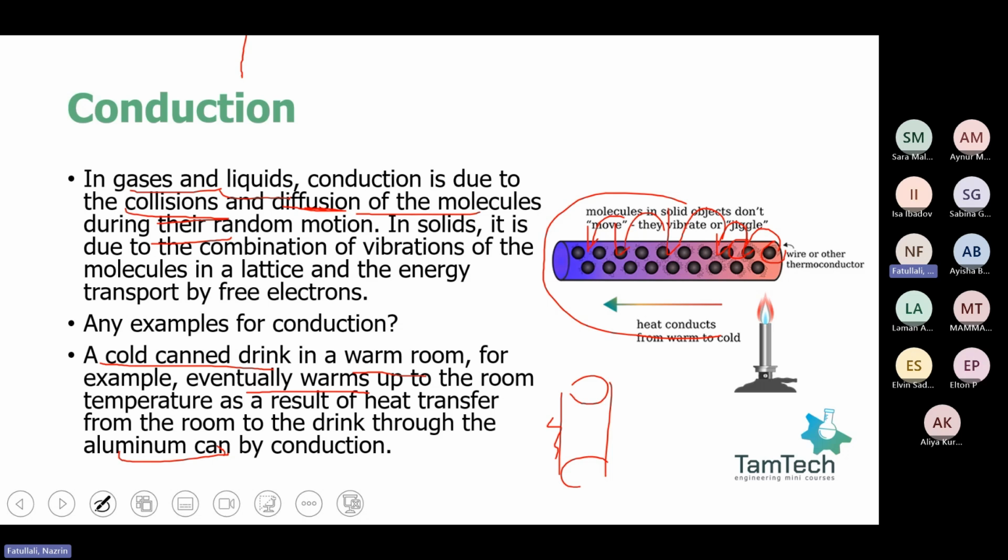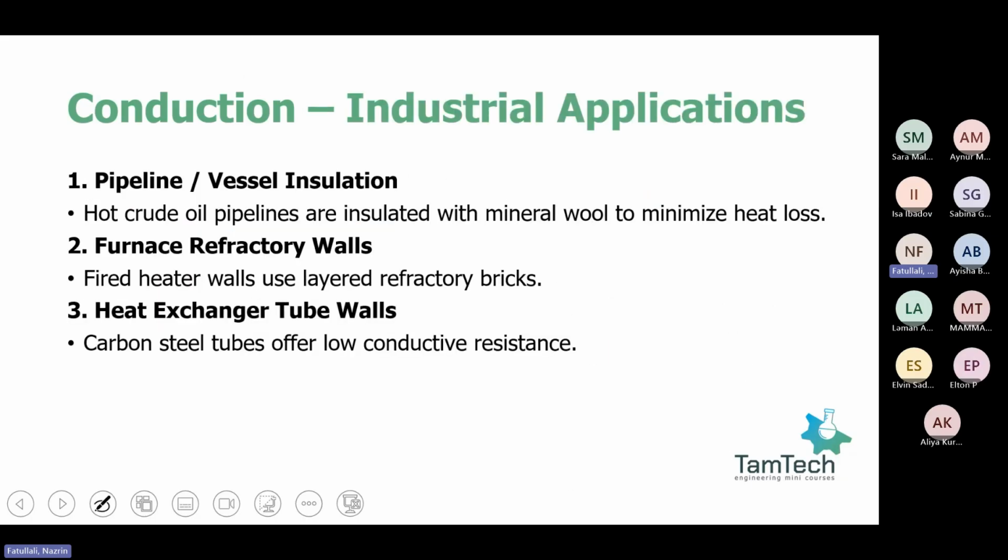The energy passes through it, but the aluminum doesn't go anywhere. It is stable, but heat is transferred from one medium to another. This is the classic example for conduction. Coming to industrial applications, I would give you three basic examples: in pipelines and vessels, in furnaces, and in heat exchangers. We will talk about all of them.